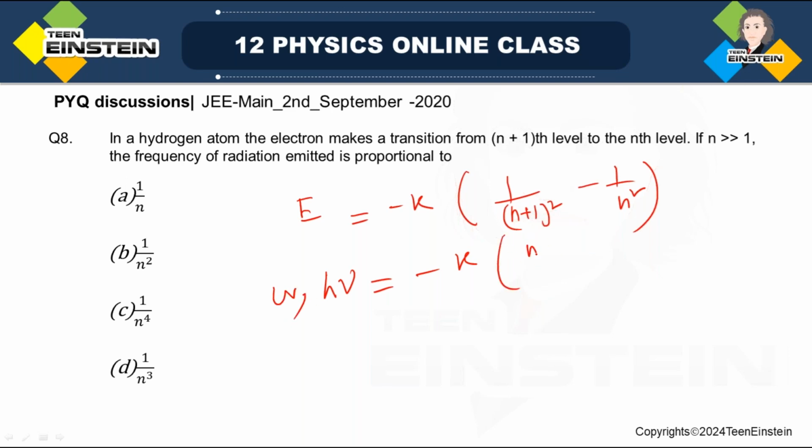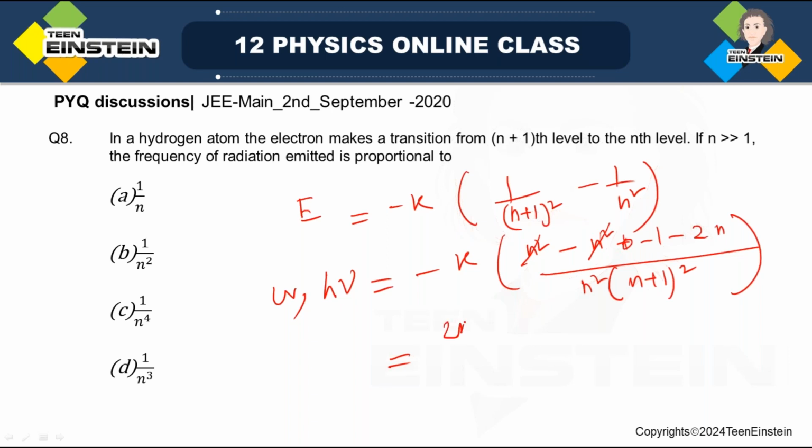So you will get n plus 1 whole square minus n square, and in the numerator 2n plus 1 whole into k, divided by n square into n plus 1 whole square.